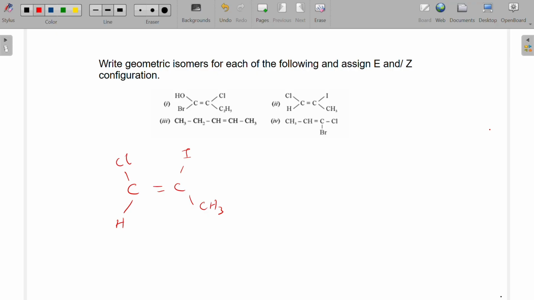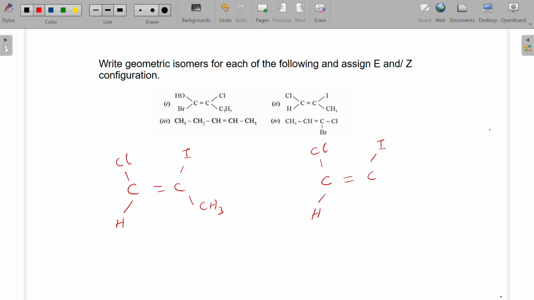Again, to draw the second isomer, what we'll do is just switch any side. I'll switch the right side this time. So we'll have our C. By the way, you can switch any side and you're going to have your isomer. You are not restricted to a side that you can switch in this case.